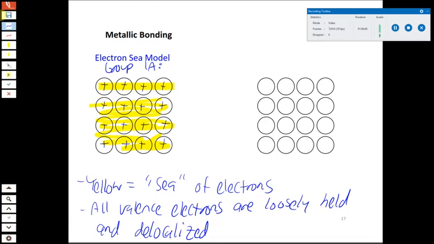And then if we go to, let's say, a group 2A element, the picture would look a little bit different. In group 2A, they have two valence electrons, so two loosely held outer electrons each.